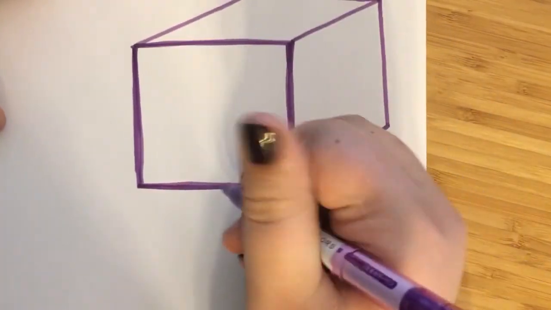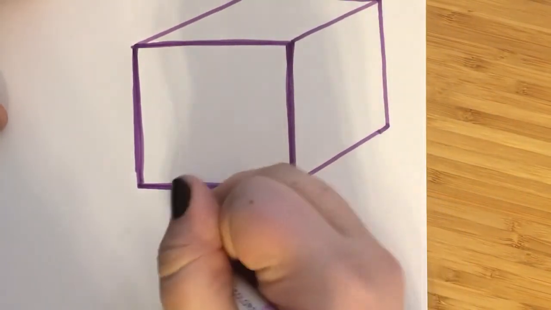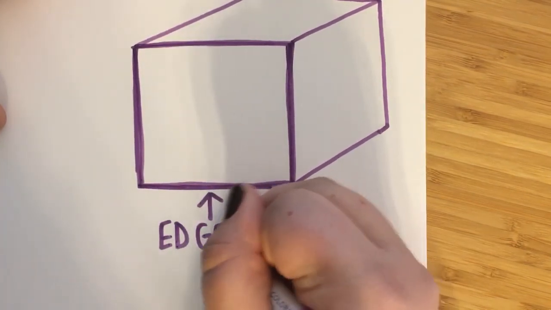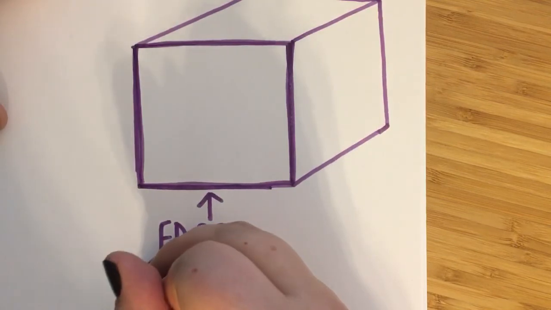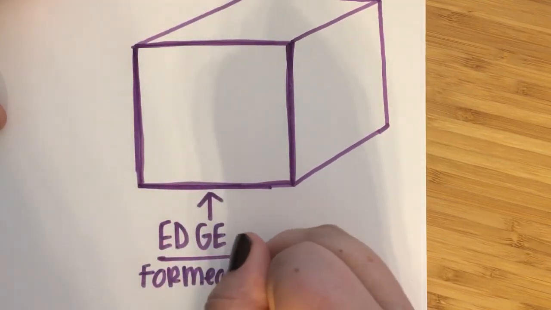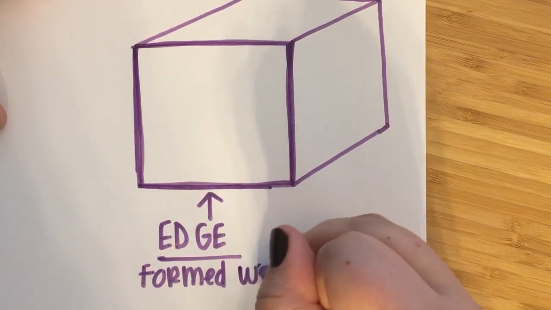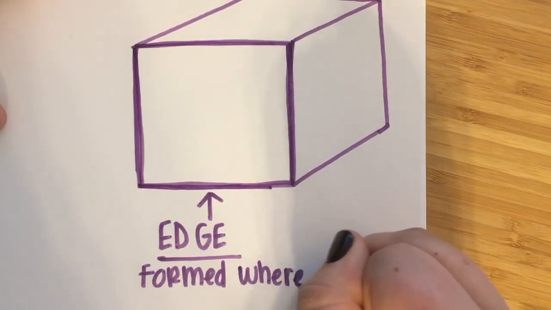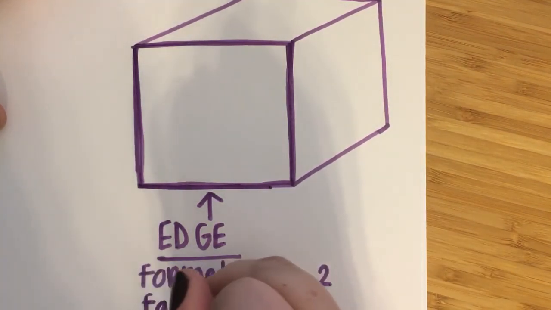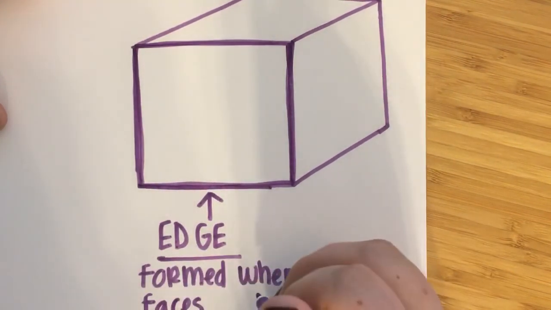This is because that's our first vocab word, which is edge. I always think of the edge of a cliff, or if there was a mesa, which stands tall and flat. The edge is formed when two faces meet. So like the edge of a table, it's where the side and the top meet.